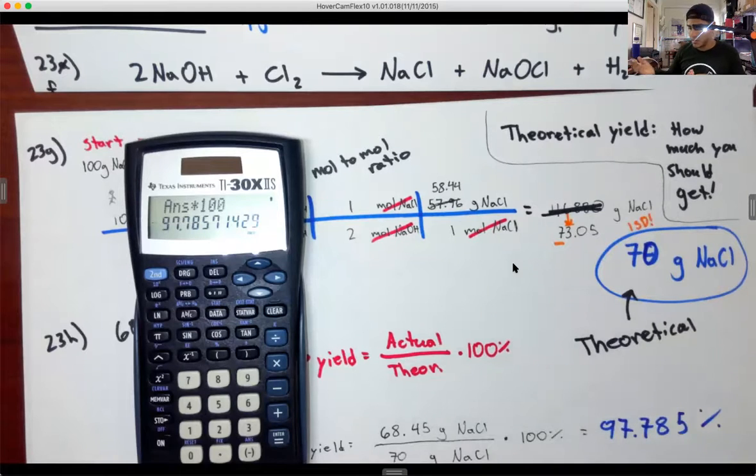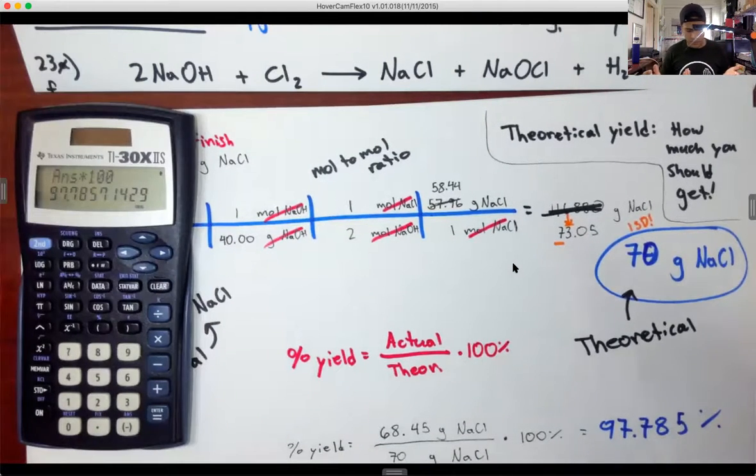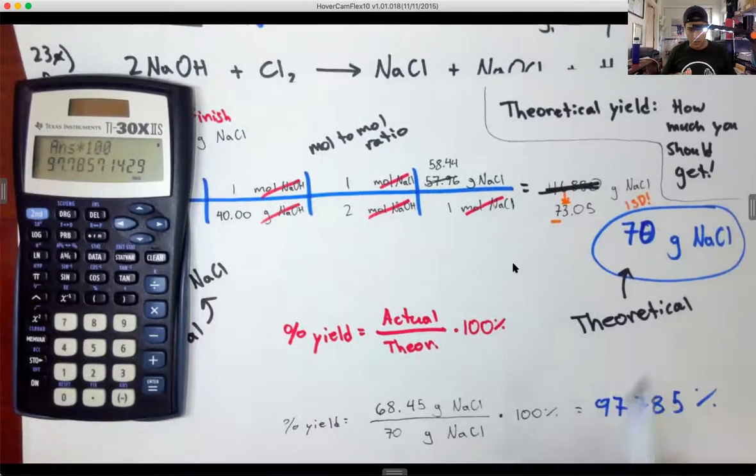But remember, your book says that you just round to one significant digit. When we're dealing with percentages, we can figure out that this is one significant digit. So our final answer would be 100%. So basically you still got 100% yield.